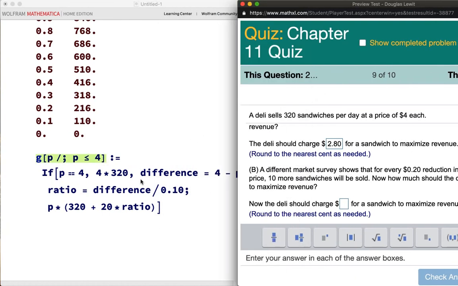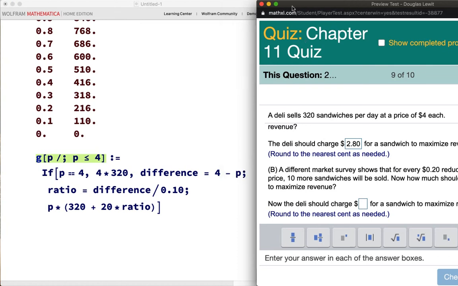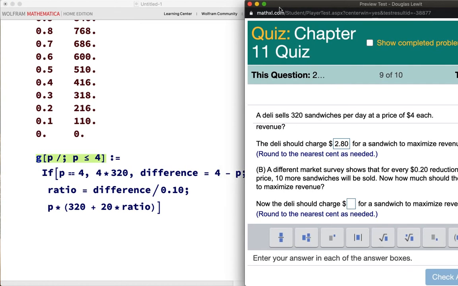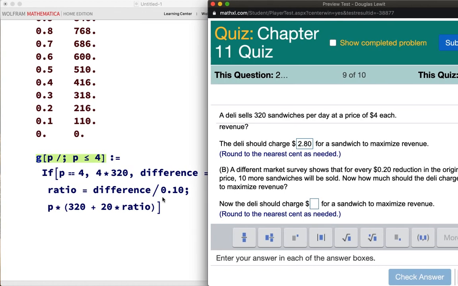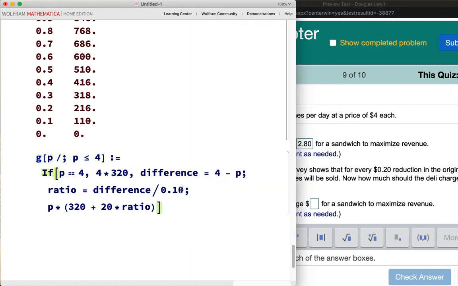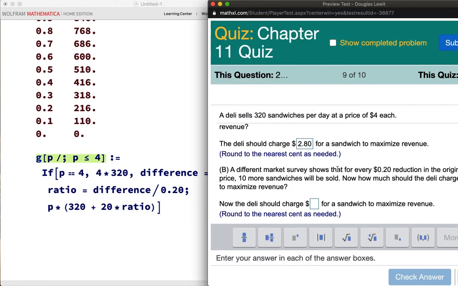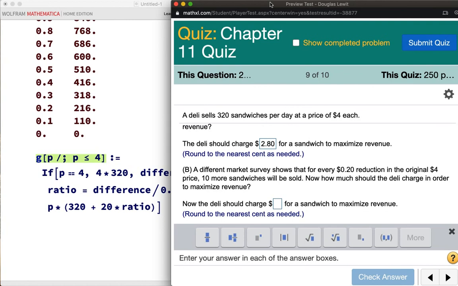Let's see, if P is equal to 4 times 320, 4 minus P. Okay, this time we have to divide by 20 cents for this part of the problem. It says here, a different market survey shows that for every 20 cents reduction in the original $4 price, 10 more sandwiches will be sold.